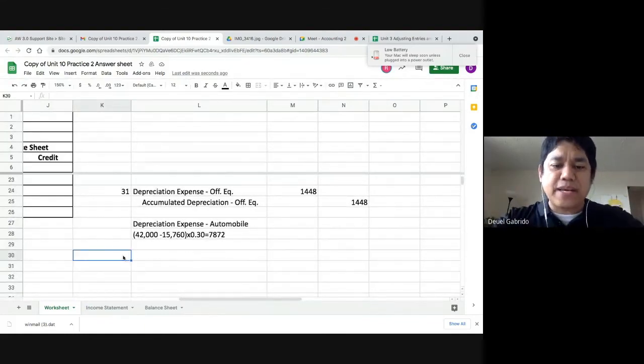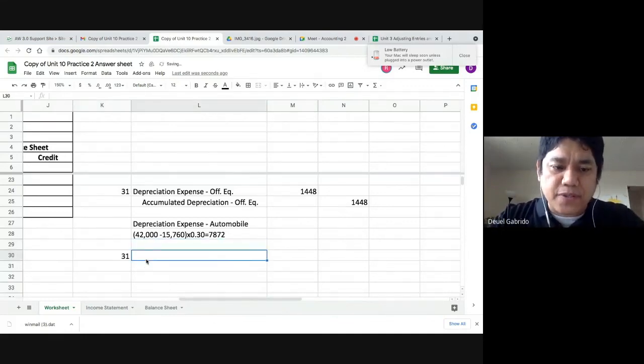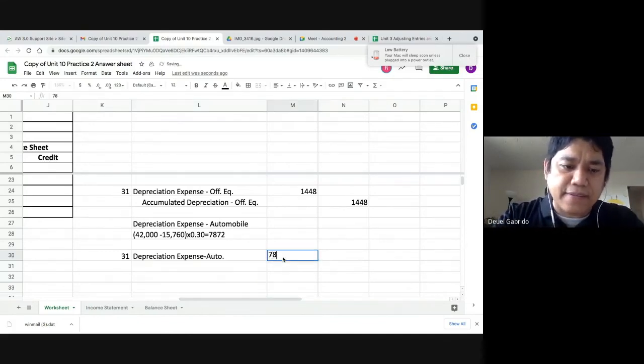Okay, so what must be our adjusting entry? On the 31st, there is a so-called depreciation expense, automobile, right? And then the answer is, as Rotiswaran said, 7,872.